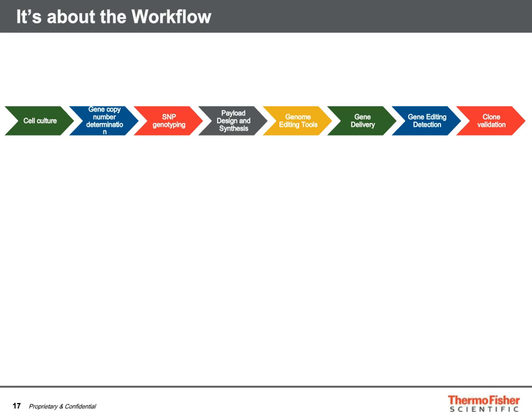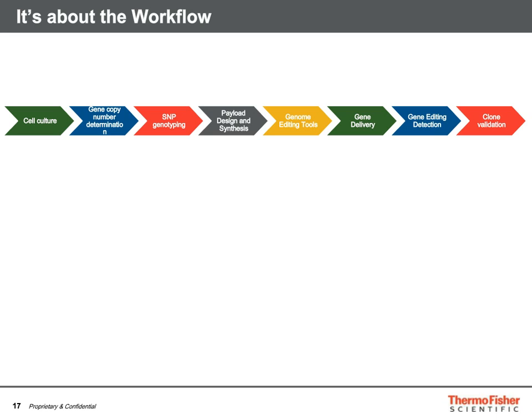Now we can attack how we want to do that. If we want to create a SNP, we need to design our payload and synthesize that donor DNA that has either the repair or that new SNP. Again, it's the genome editing tools that we've just been through. Delivery is very, very important.